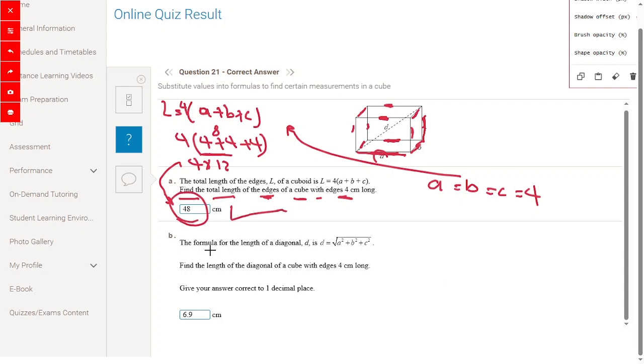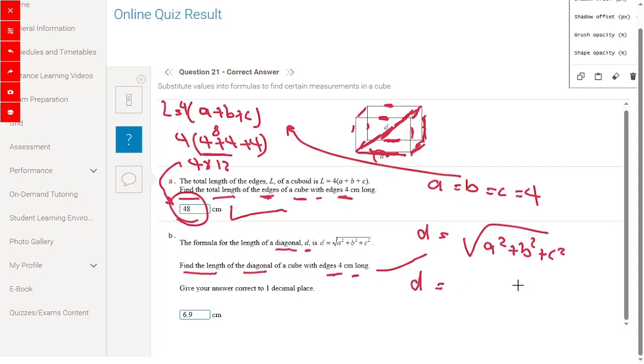Now, the formula for the length of diagonal D equal to radical A square plus B square plus C square. Now, again, find the length of the diagonal of the cube with the edges of 4 centimeters. So we substitute here.